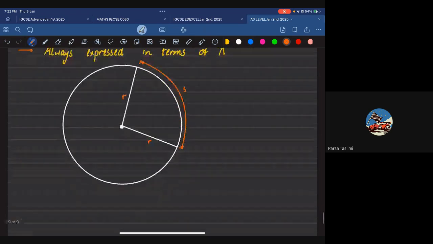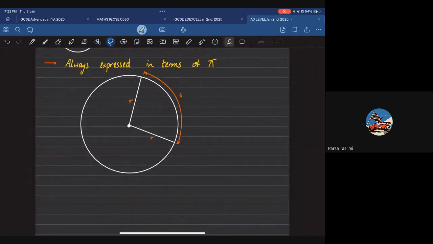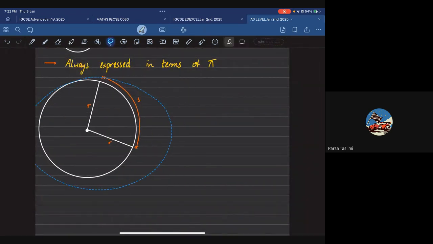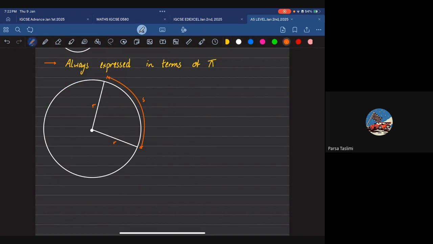There's also going to be an angle here, usually expressed as theta, the unknown angle.